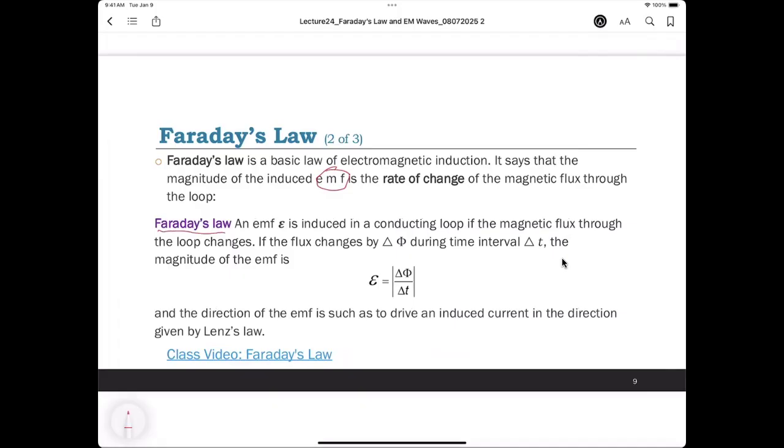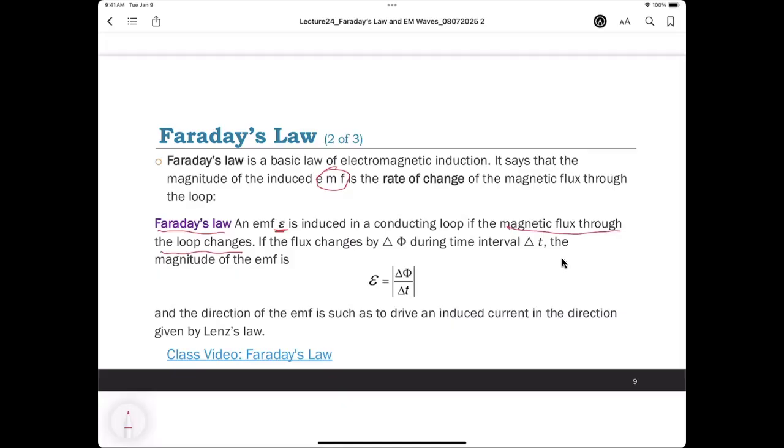An EMF is induced in a conducting loop if the magnetic flux through the loop changes. Like I said, if the magnetic flux through the loop changes, there will be an induced EMF come out, and also the induced current.